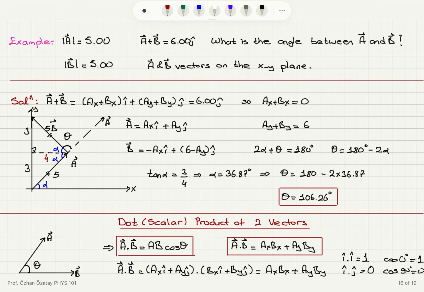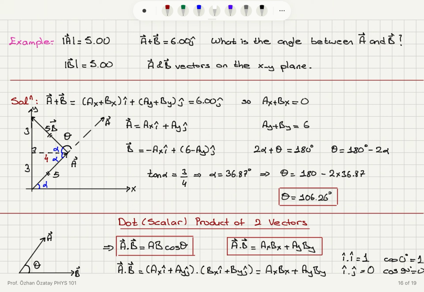And also, we talked about an example where the magnitudes of the vectors a and b are equal, and their sum is 6j hat. First, we did a graphical solution to find the angle between these 2 vectors, considering the relationship between their components. And then we defined the dot product, which is a product between 2 vectors that gives us a scalar, and it's found by multiplying the magnitudes of the 2 vectors and the cosine of the angle between them.